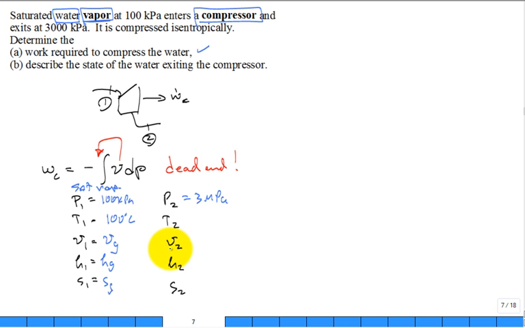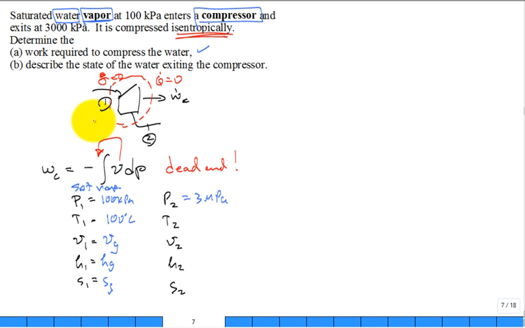Either from the first law analysis for the control volume around the compressor, or the second law analysis for the control volume around the compressor. Q dot is equal to 0, no heat transfer. It's isentropic compression, that's sigma dot equal to 0, so that both sigma dot and Q dot are 0.